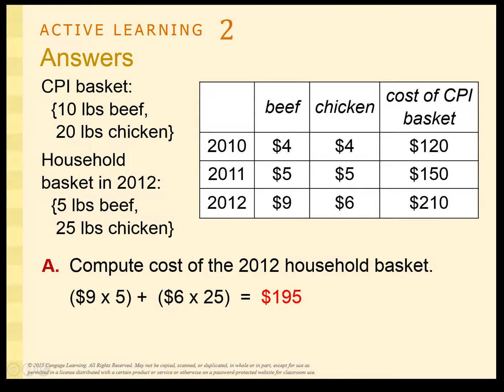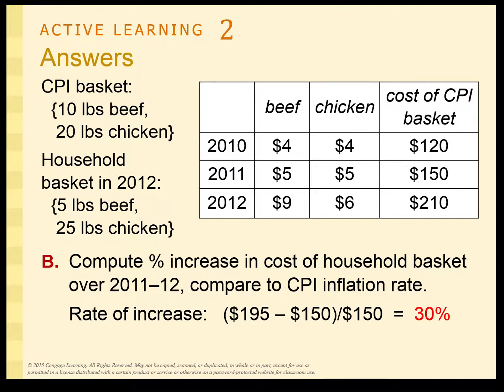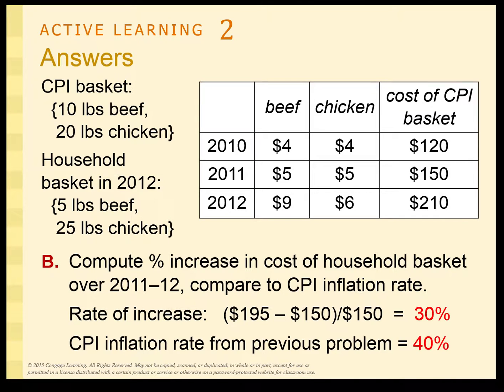Okay? So when we go to calculate the percent increase in the cost of the household basket, it went from 150 to 195, and that's only a 30% increase. But last problem, when we calculated the inflation rate that the CPI thought, it was 40%. So you see that the CPI inflation rate is actually higher than the real inflation rate.